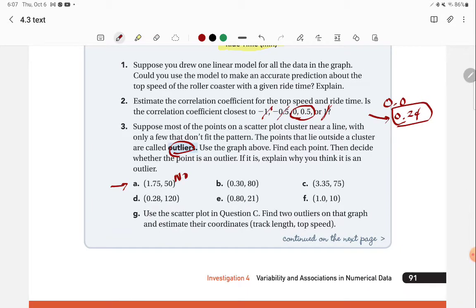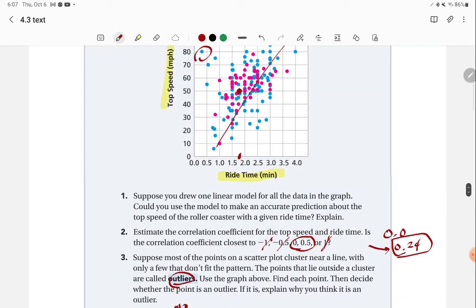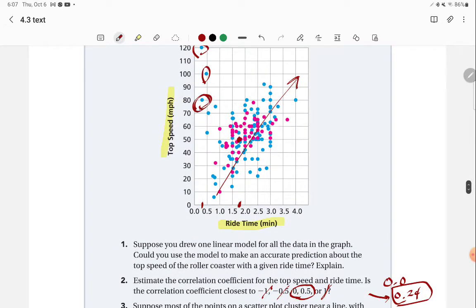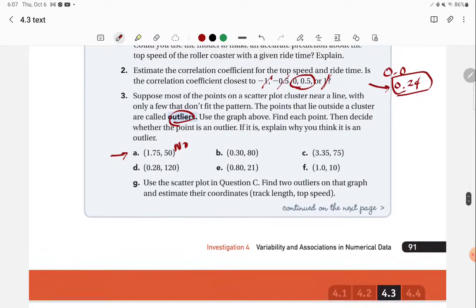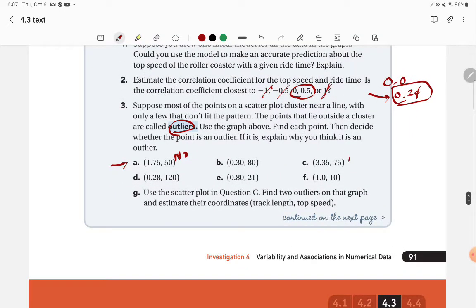Okay, if you look at B, however, 0.3 and 80, so 0.3 is about right here, go all the way to 80, and that's a point that I circled right there. That is an outlier. Okay, and if we look at the other ones, C is not an outlier. D is an outlier, so 0.28, 120.